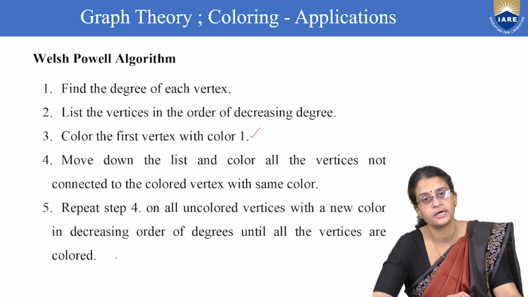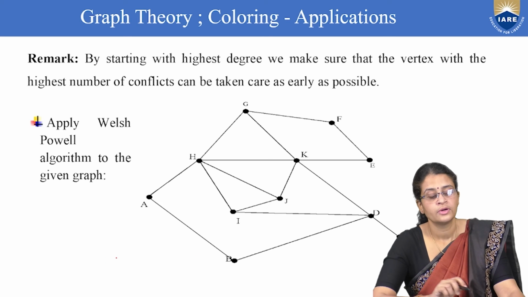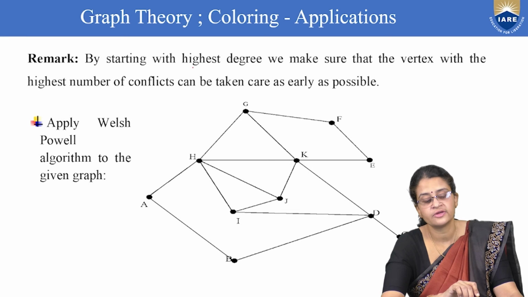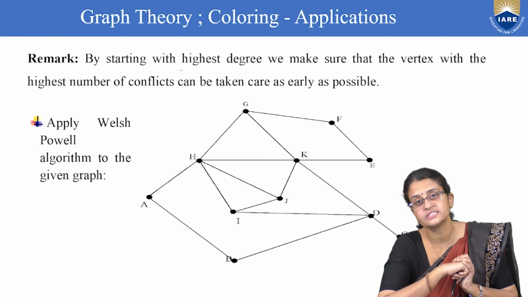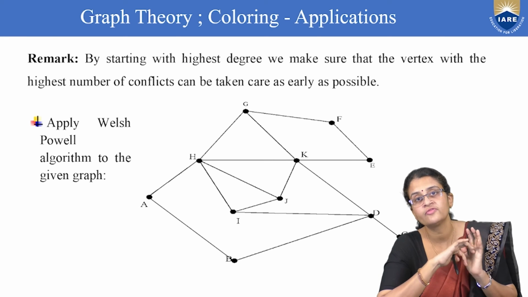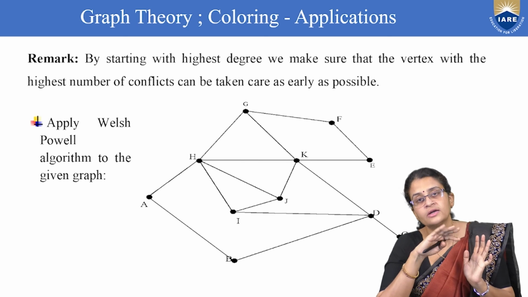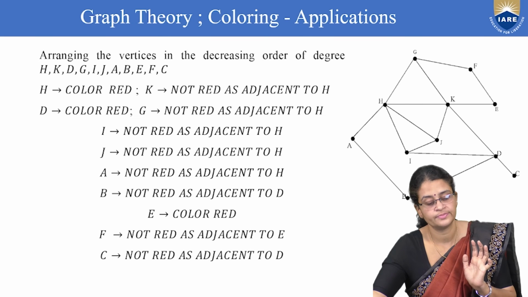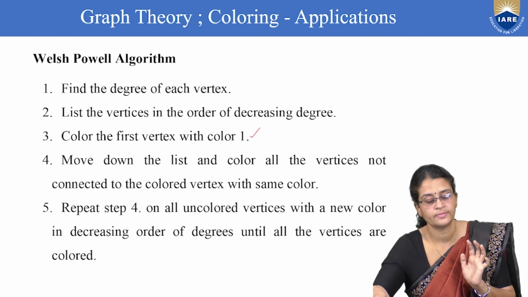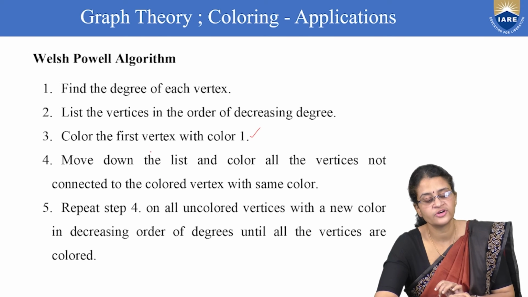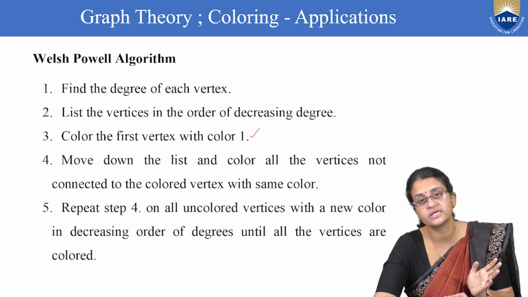By starting with the highest degree, here we are starting with the highest degree vertex. Then we color the next vertex which is not adjacent to the first vertex that was colored, and continue the steps. First, we start with the vertex of maximum degree and color it 1.